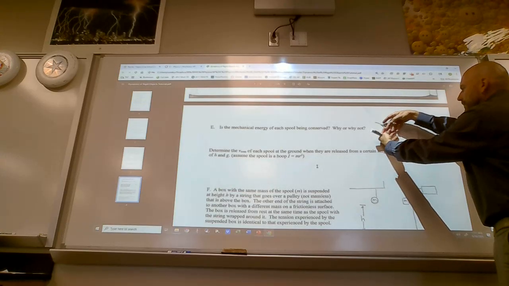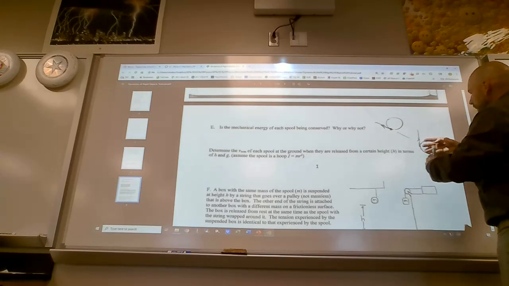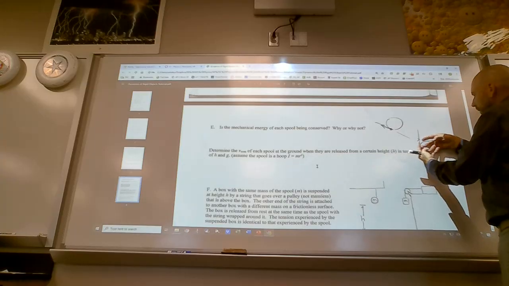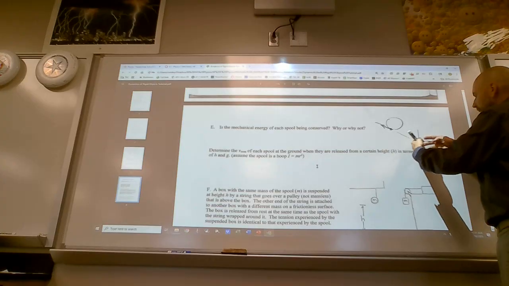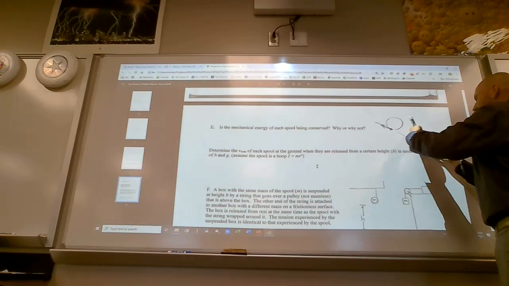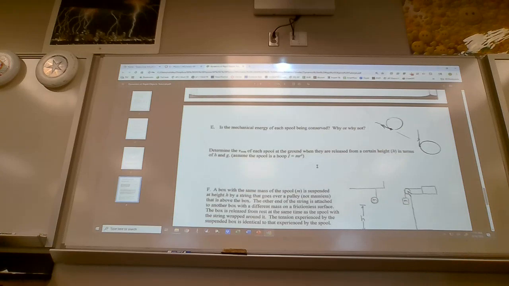It's not experiencing displacement here. It's not slipping. Here, the molecules of the rope and the spool. Don't look at it like that. This is rolling down a string, just like this is rolling down a ramp. You okay with that? Okay.